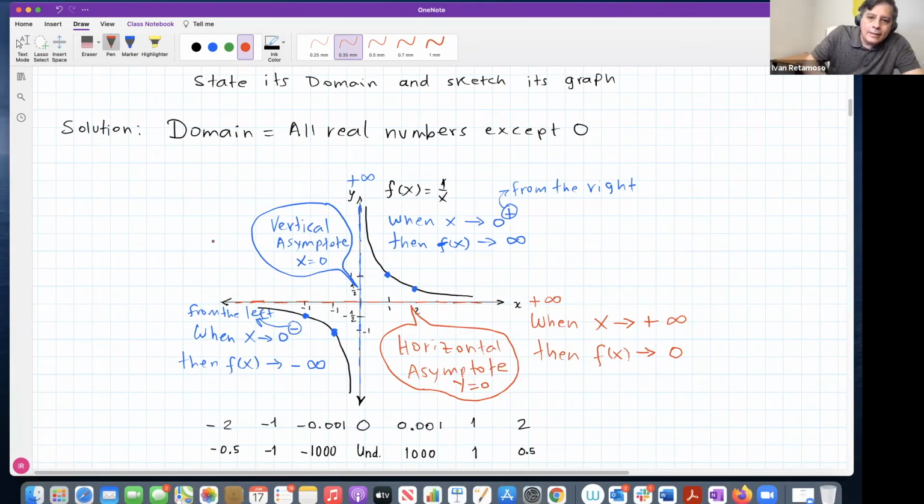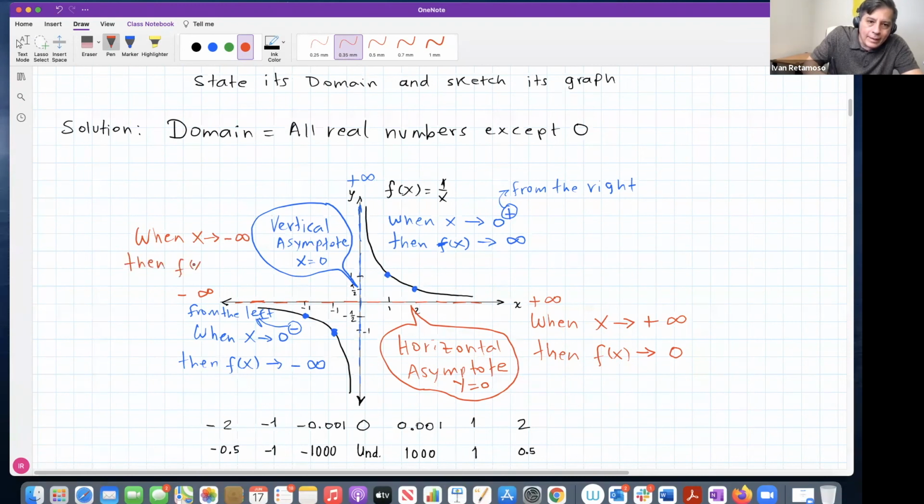And over here, you can see the following. When x approaches, this arrow must be read as approaches, right? Approaches what? Negative infinity now. If you're going in this direction with the x values, where is f of x approaching?